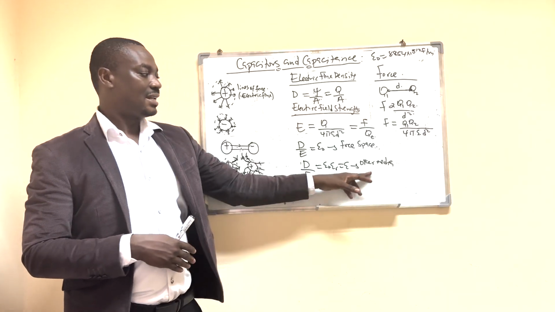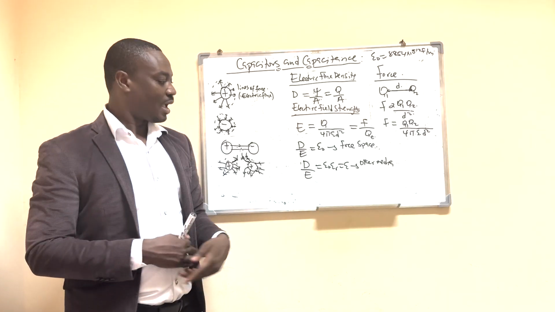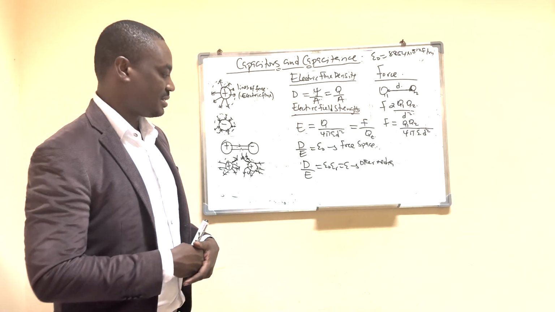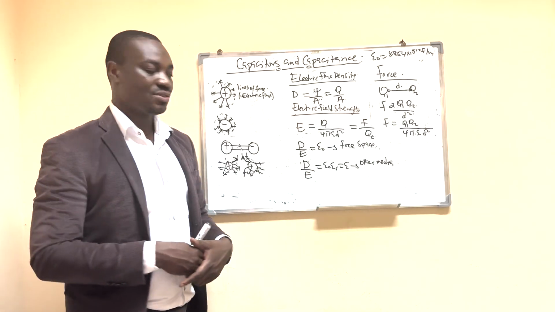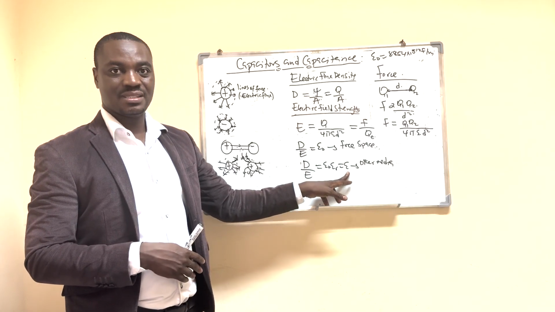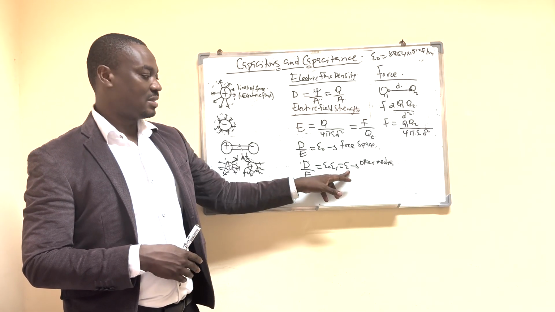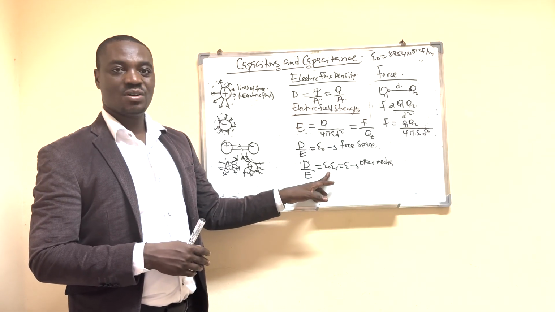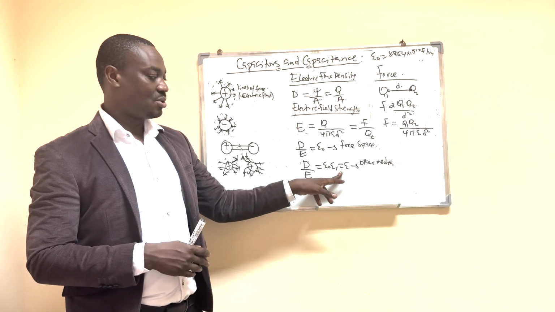Now, if you are in other media other than air, that means the electric flux density over the electric field strength will give you the absolute permittivity of the material. And absolute permittivity of any material is going to be the permittivity of free space times the relative permittivity of the material.